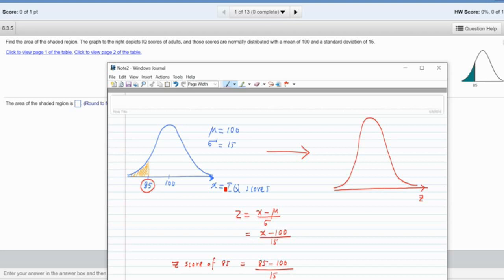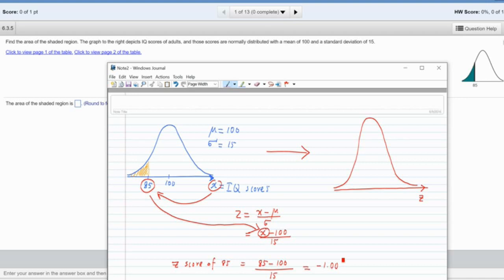Remember this is the x, so x becomes 85. We replace x by 85 here and find the z value. Use your calculator, and make sure you convert this into two decimal places. 85 minus 100, divided by 15, gives -1. Let me write it as -1.00.